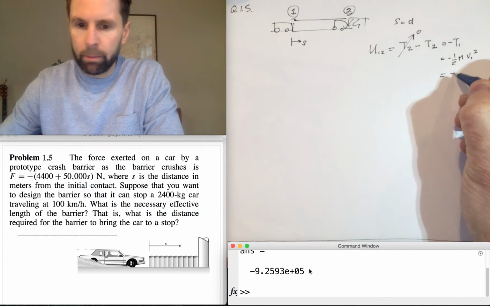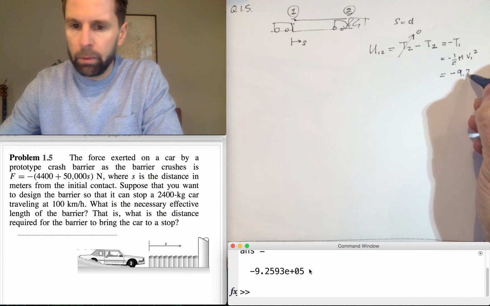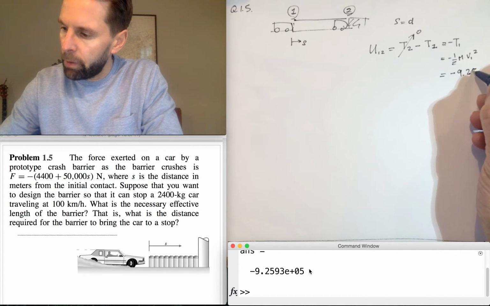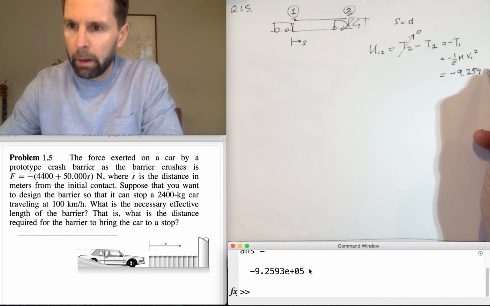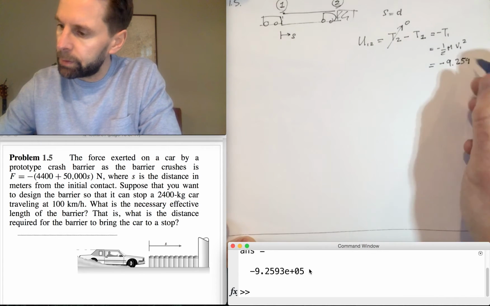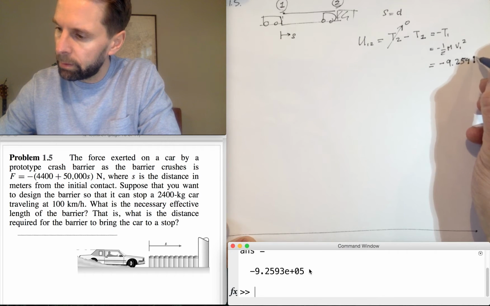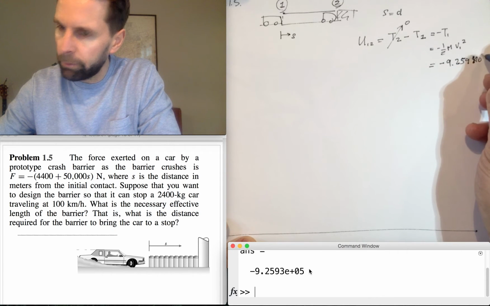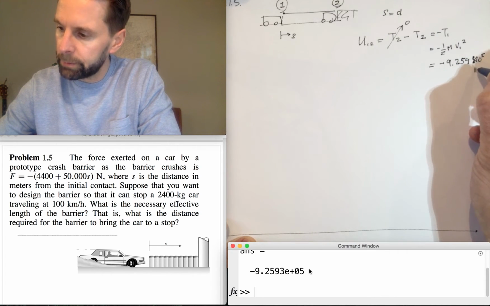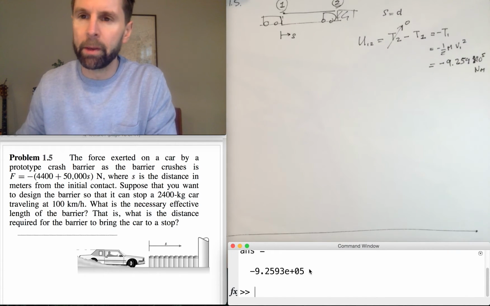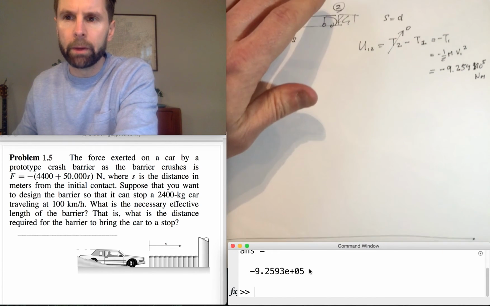And that gives us minus 9.259 times 10 to the 5 newton meters. I made a bit of a mess there. Sorry about that.